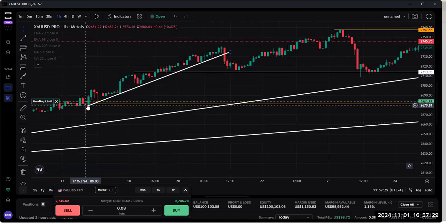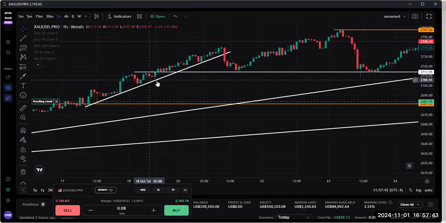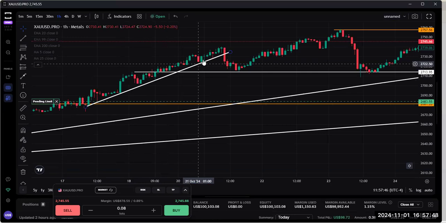So starting from here, it went up. At this place, it held it and went back up. Came here, held it, continued. So all these were good places to take a buy. Price kept on respecting the trend. Good places to take a buy.